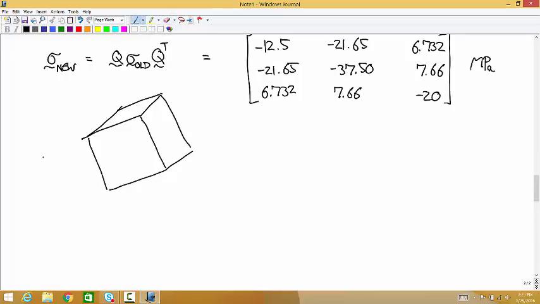Okay, so the x-axis is that way, the y-axis that way, and the z-axis is this way.